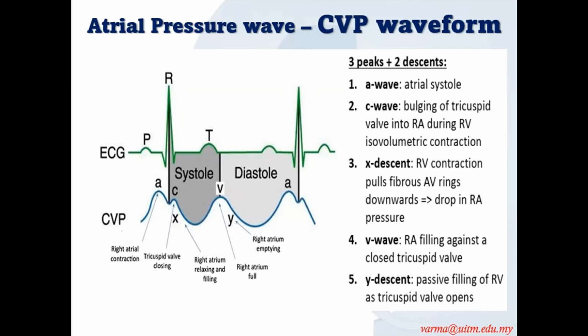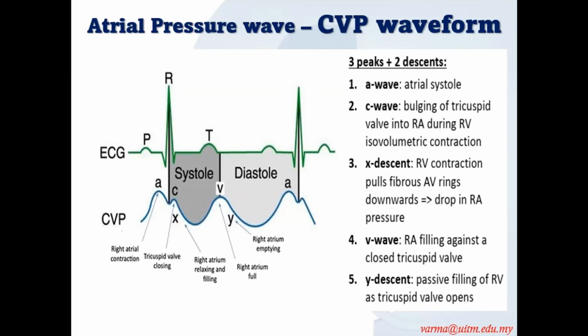That squeeze will pull on the fibrous rings, causing a vacuum inside your RA, trying to pull whatever is inside. The final contraction is pulling everything from RA into RV. So that causes a negative pressure in your RA, causing it to descend.